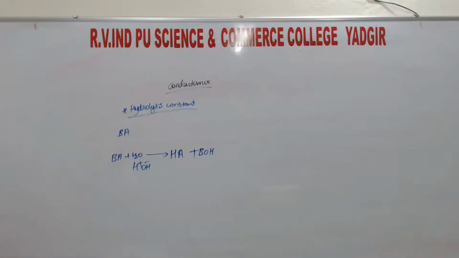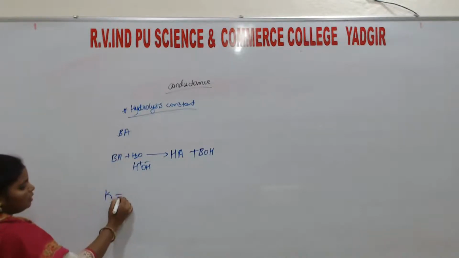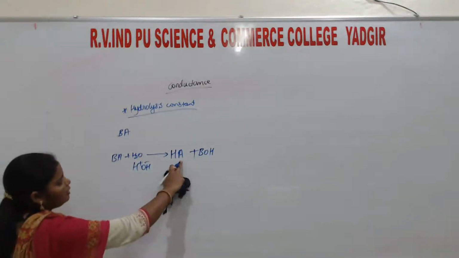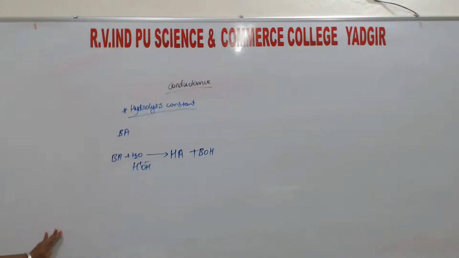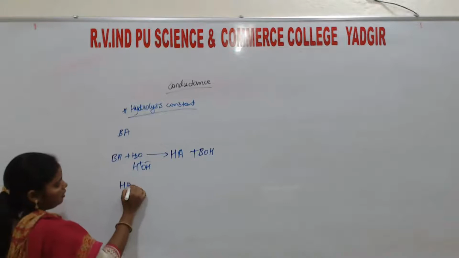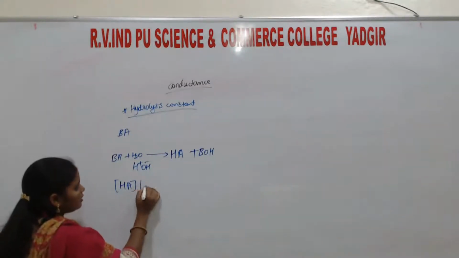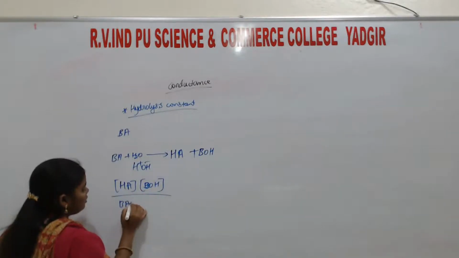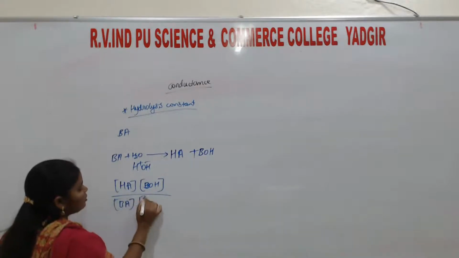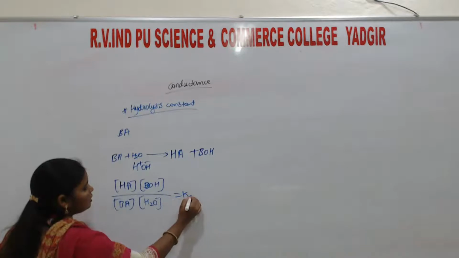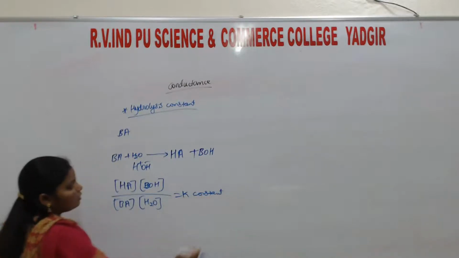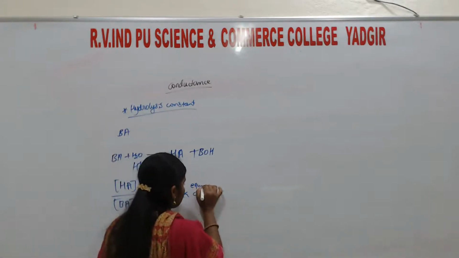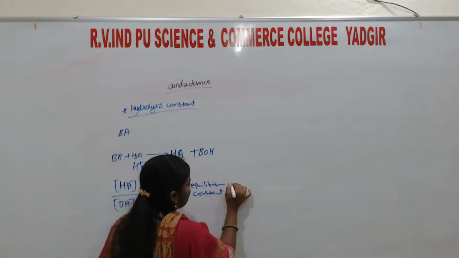You write K equals the concentration of HA, the acid, times BOH, the base, divided by the salt BA and H2O, equals K, a constant. That is the equilibrium constant.